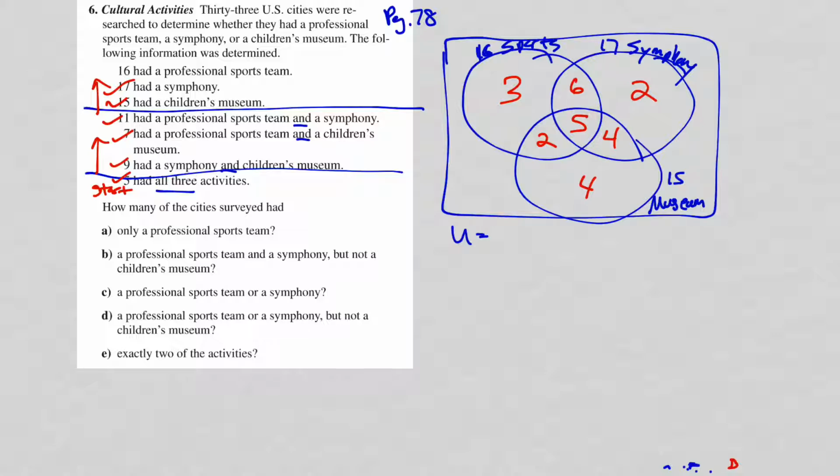Okay. Now the universal set, everything outside is region 8. So we know there's a total of 33 right there. Okay. So we do need to add up all these numbers.